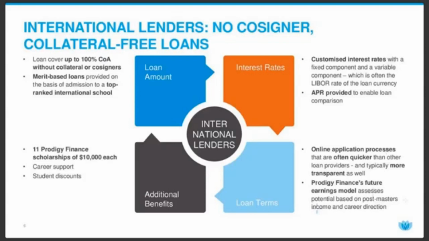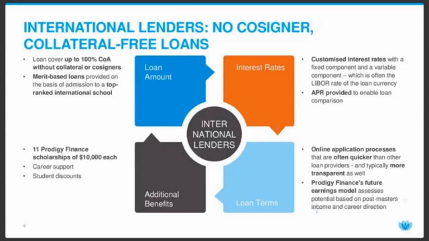And specific to Prodigy Finance, the way the model works for terms is you're assessed on your future earnings potential. What this means is you could be a student applying straight after your BE for your MS with absolutely zero work experience and zero full-time income over your lifetime, and you will still be eligible for a loan because you have an admit from a top 100 school.